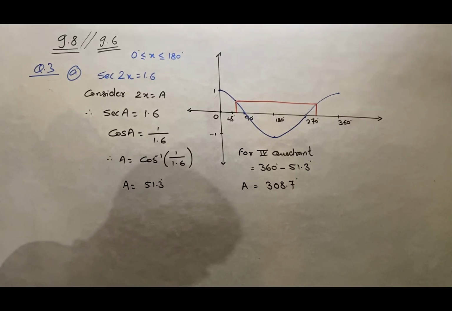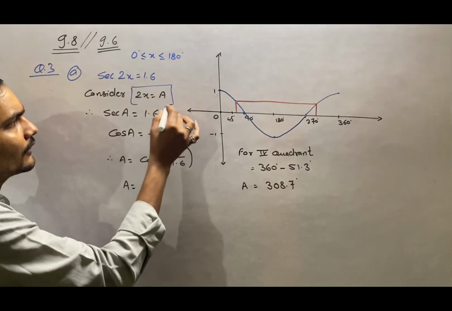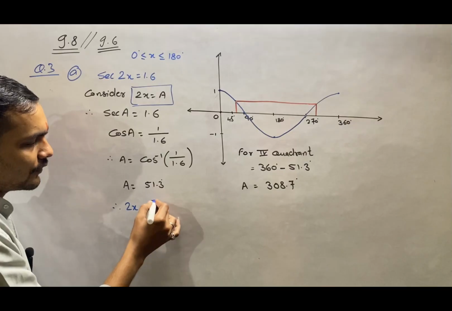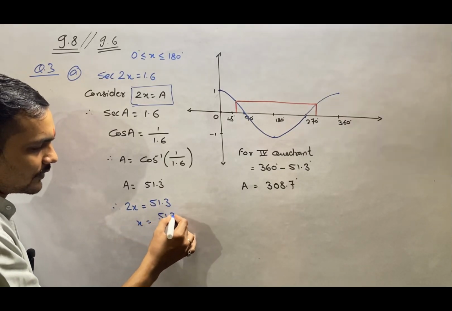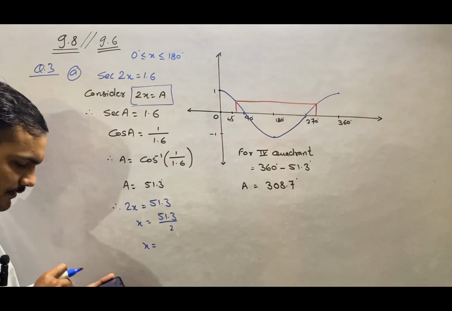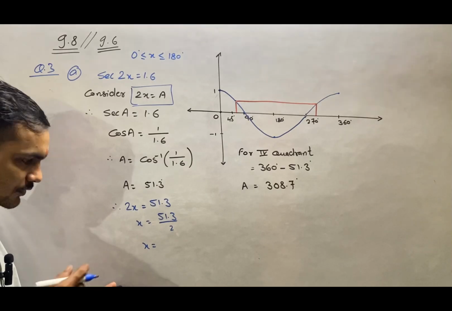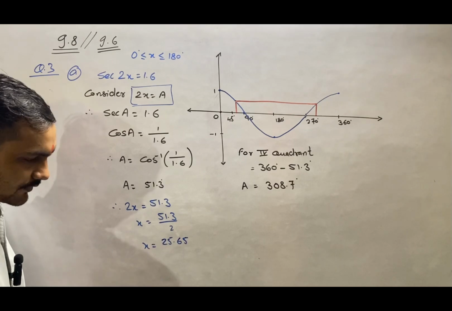So now again what we have to do, let's resubstitute the value of A. The value of A is 2x. So we can say 2x equals 51.3. So the value of x is 51.3 over 2, so x is 25.65.